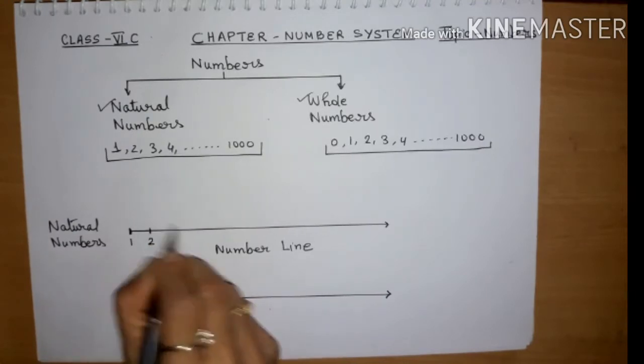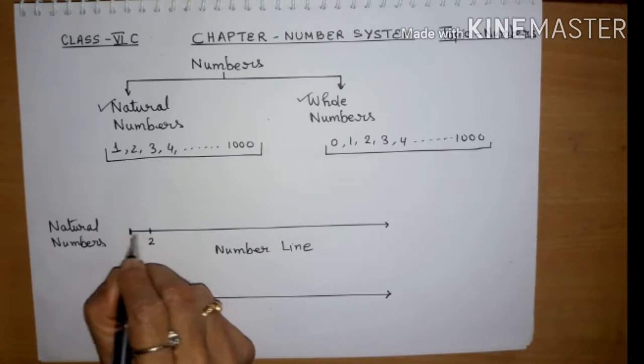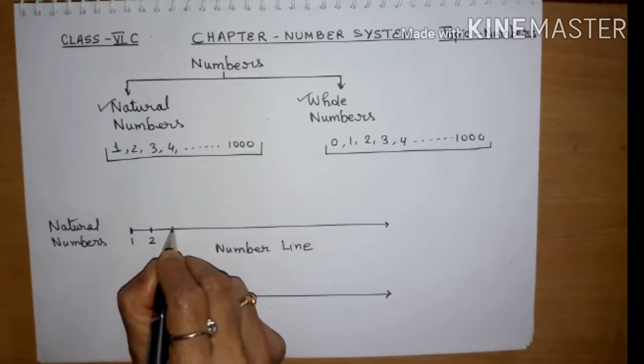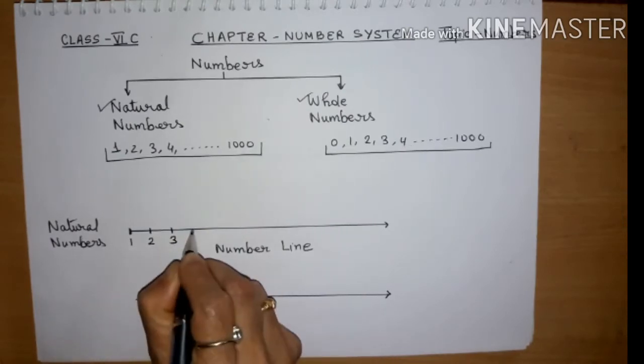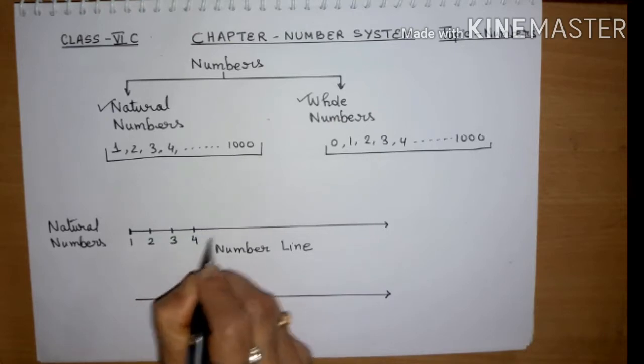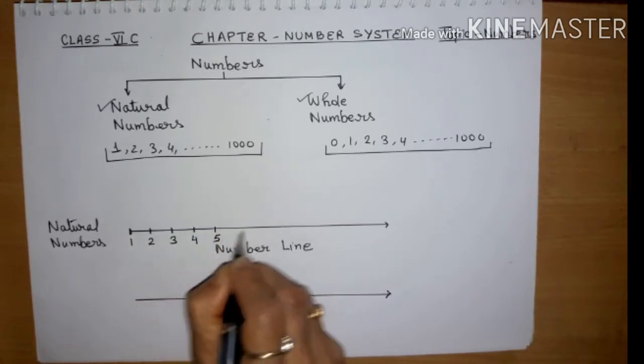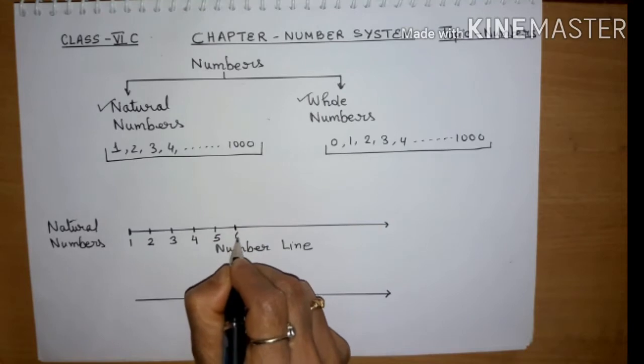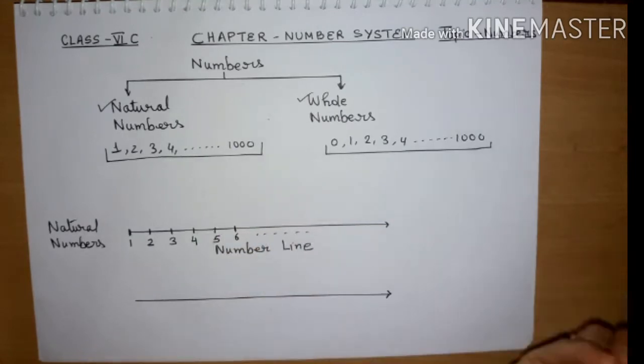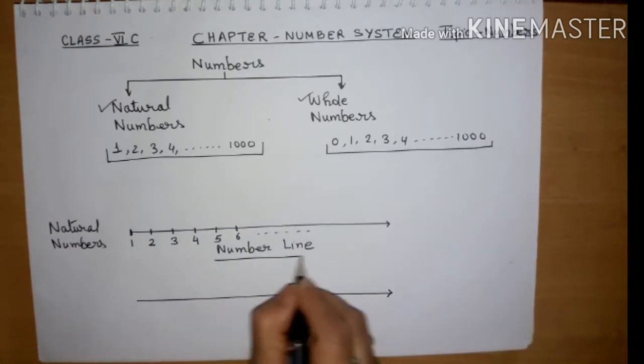Maintaining the same distance that is between these two, this is 3, this is 4, this is 5, this is 6, likewise we go on and on. So this is how we represent the natural numbers on a number line.